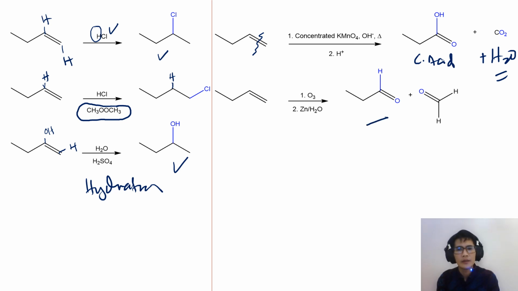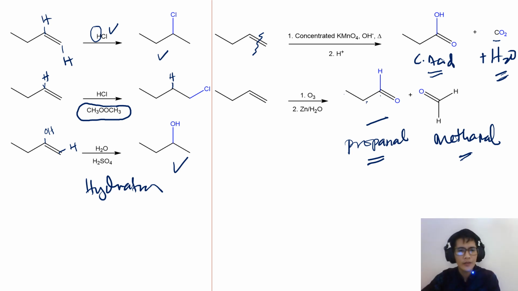So this is actually 1, 2, 3, the propanol and methanol. Okay, so the propanol can be oxidized to the carboxylic acid, propanoic acid. Okay, but the methanol is oxidized to carbon dioxide and water molecule.